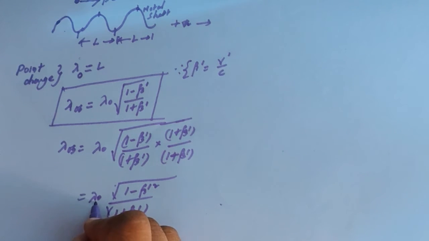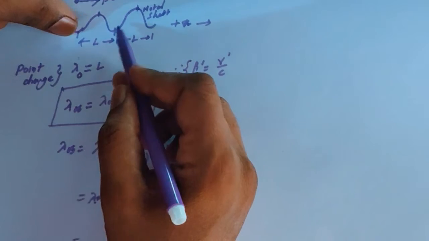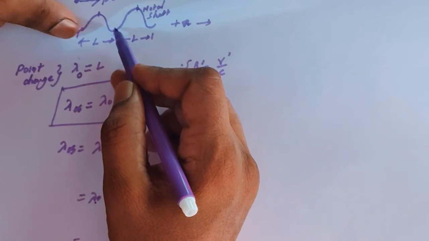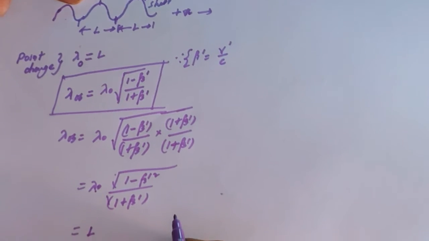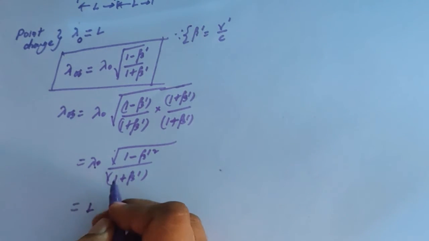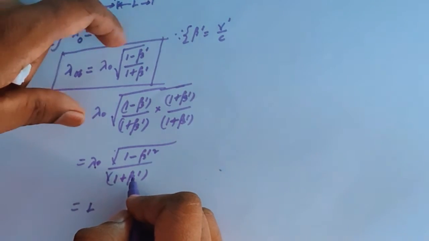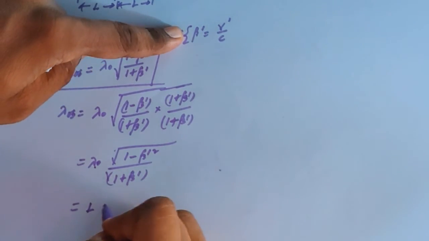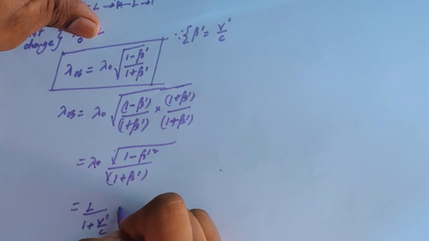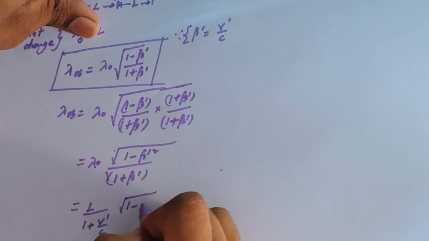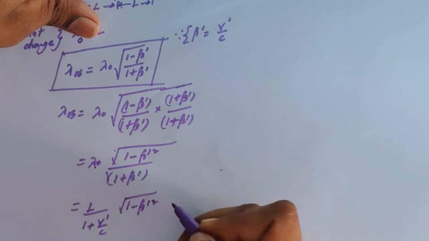We know lambda naught is defined from the metal sheet. We can define the metal surface length as L. So lambda naught would be equal to L, and we know what beta prime is. Beta prime is nothing but v prime by c. So this is the expression we have. Now the lambda observed wavelength should be equal to L divided by 1 plus v prime by c, times square root of 1 minus beta prime square.